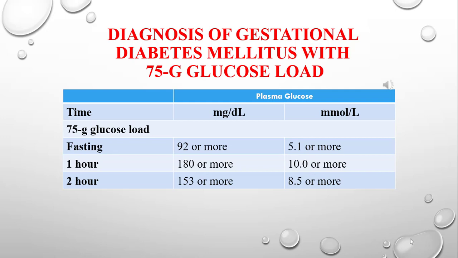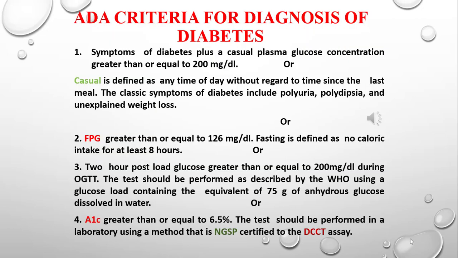After 1 hour, 180 or more milligram per deciliter of plasma glucose. After 2 hours, 153 or more milligram per deciliter of glucose in the plasma. If these conditions are met, then the patient has gestational diabetes mellitus.